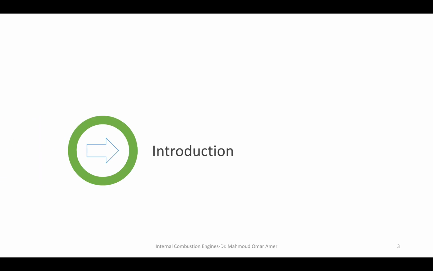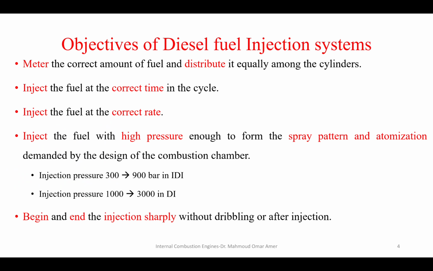Now we will discuss the fuel system of the diesel engine. What are the objectives of the diesel fuel injection system? We have 5 main objectives. The first one is to meter the correct amount of fuel and distribute it evenly on each cylinder, to inject the fuel at the correct time and at the correct rates.